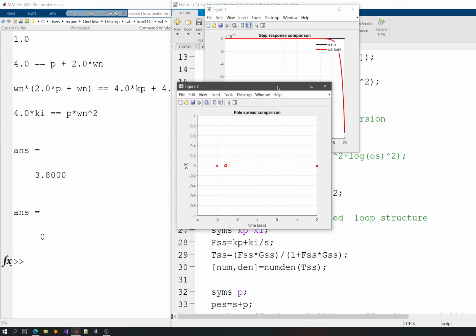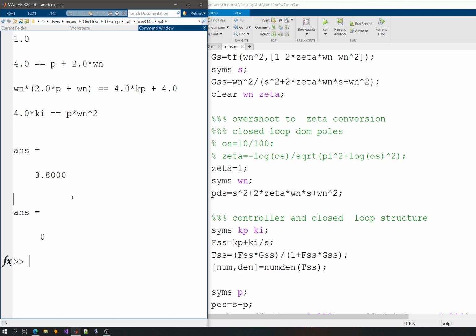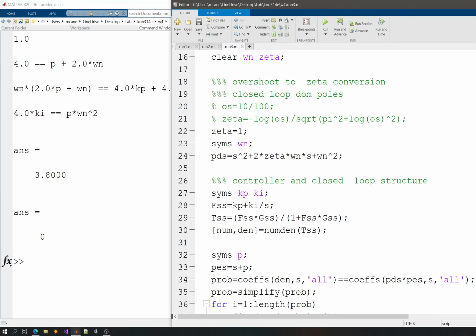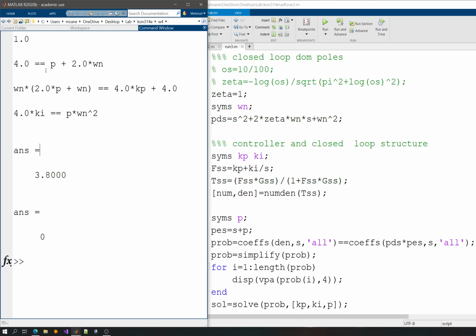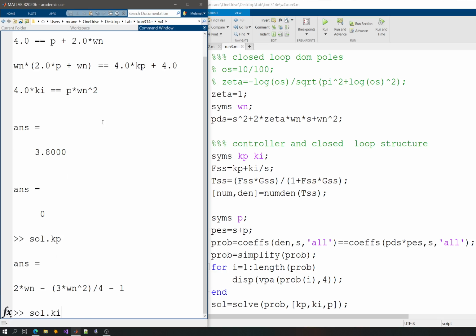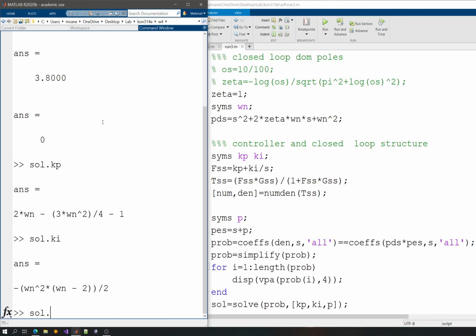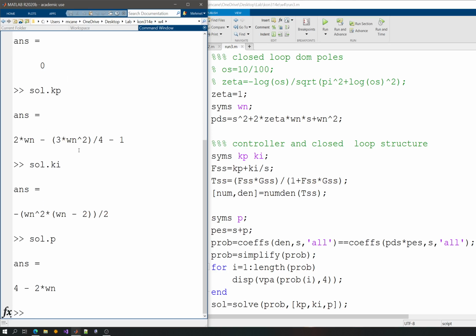and we did not succeed for the fact that I have something 0 here. The problem is here, so I can see that P and omega n, Kp, Ki, since it's still the same solution, sol.Kp, sol.Ki, sol.P, and I can see that omega n should be, I guess, less than 2.